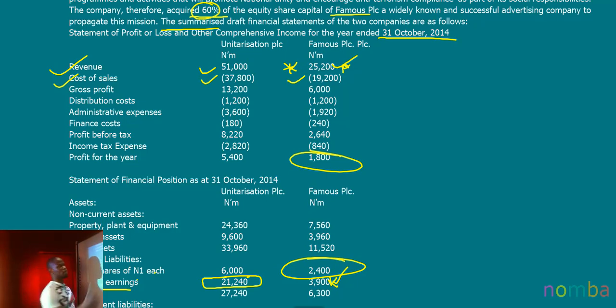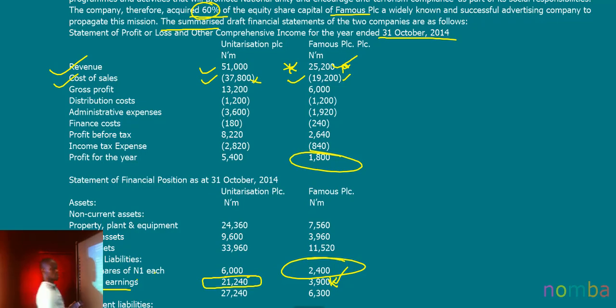So the post-acquisition portion for Famous will be 19,200 divided by 2, and that gives us 9,600. We'll add it to that of Unitarization, which is 37,800, and the addition of the two gives me 47,400.